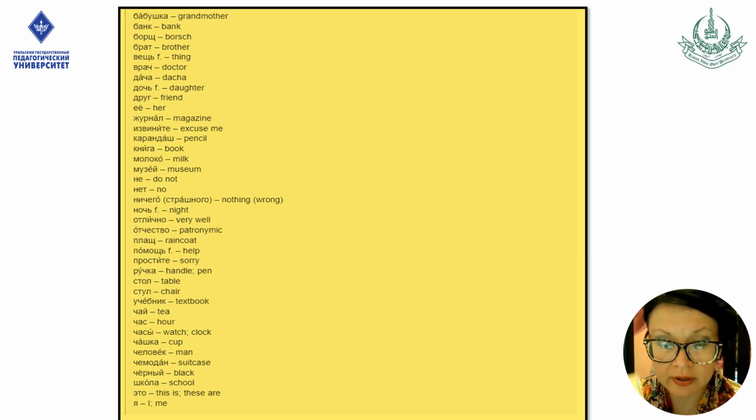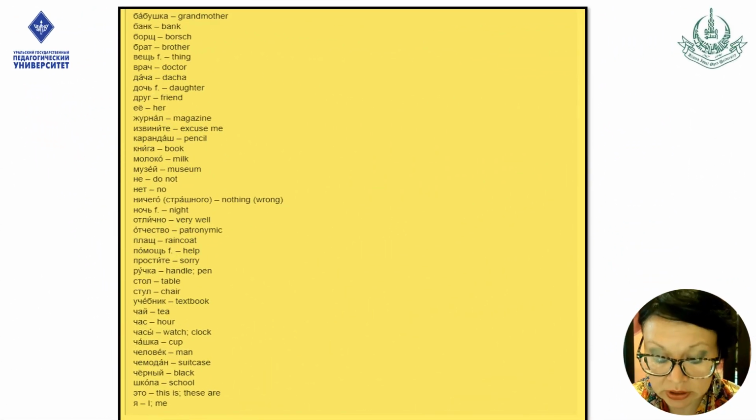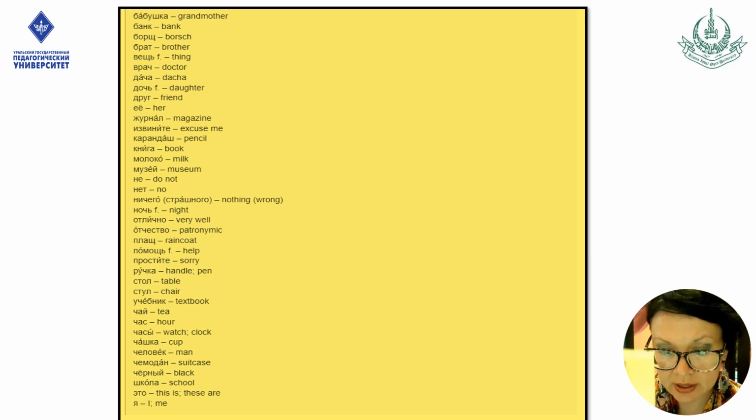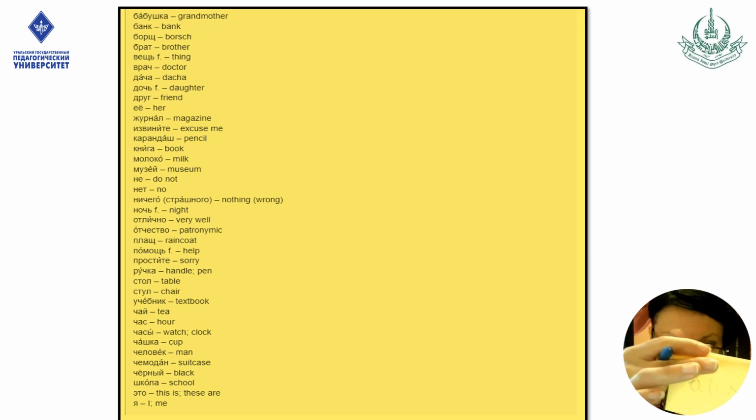On one side of a card, you write a Russian word, for example, bank, right? And on the other side of the card, you write the English translation or Urdu translation, which is bank, right?